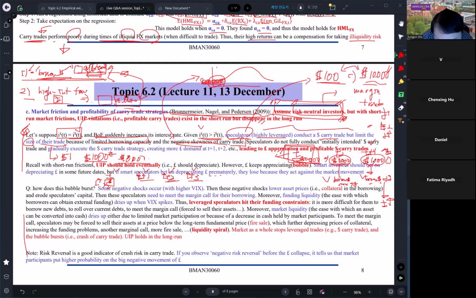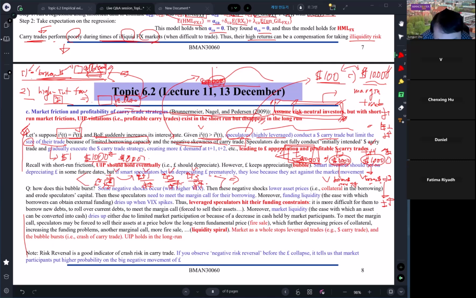Each and every period, higher demand for pound will be there, so pound will appreciate again and again. So in summary, at time T, pound interest rate is higher than dollar interest rate. After one period, the pound appreciates. The high interest rate currency keeps appreciating. This is the profitability of carry trade.